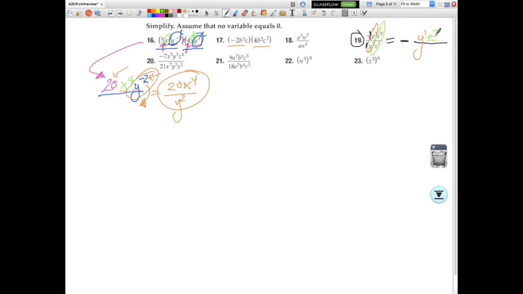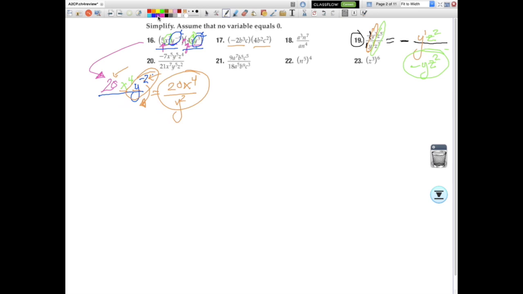So 5 minus 3 is 2. I have z squared. Now, since there's no negative powers, I actually don't have to write a denominator. Okay, I don't have to simplify that out. So really, my answer is just negative yz squared.